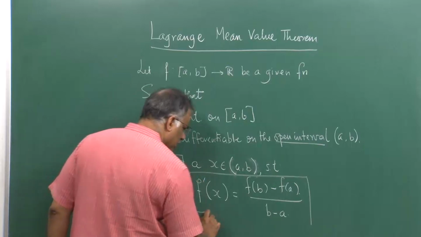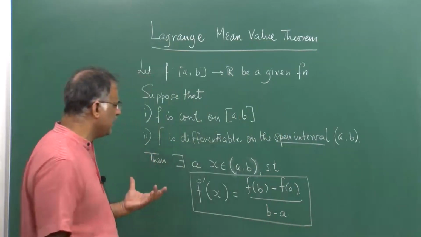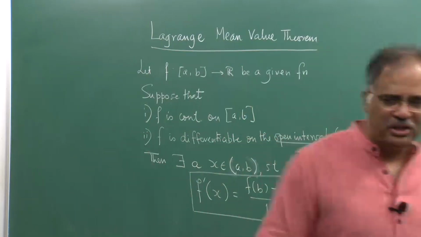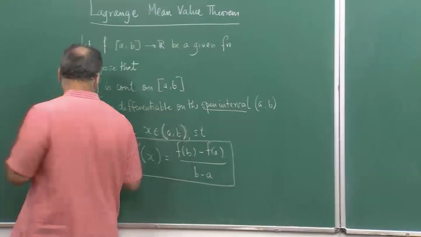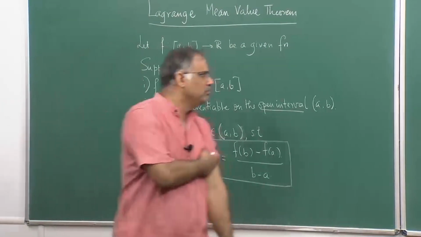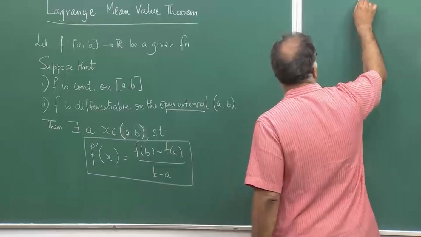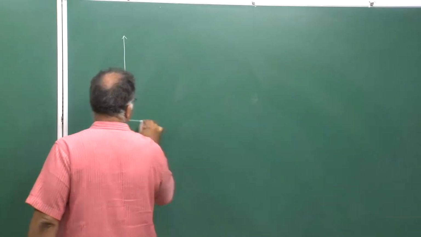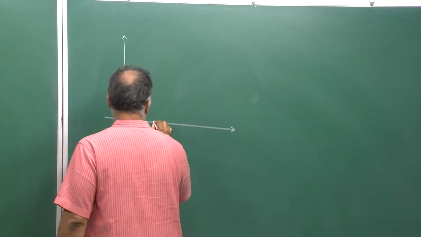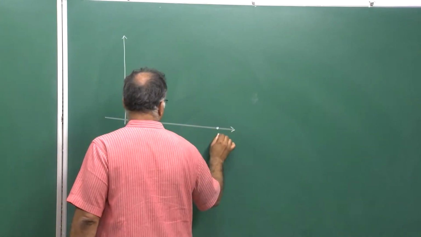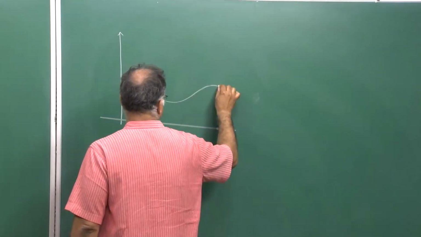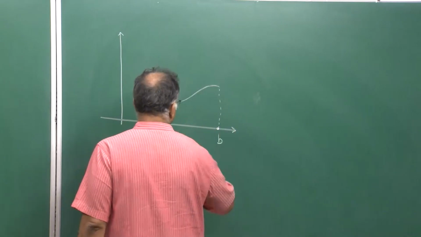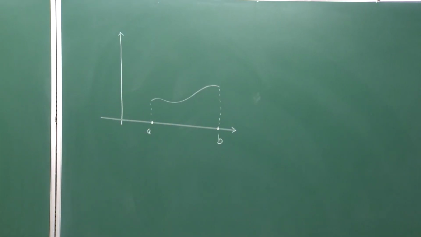So, I will first show how to interpret this idea, what it means. It has one mathematical interpretation and it also has a physical interpretation. Let us first look at the mathematical interpretation. If I have a function, I am trying to draw the graph of that function, say from a to b. Maybe this is a continuous and nice function.